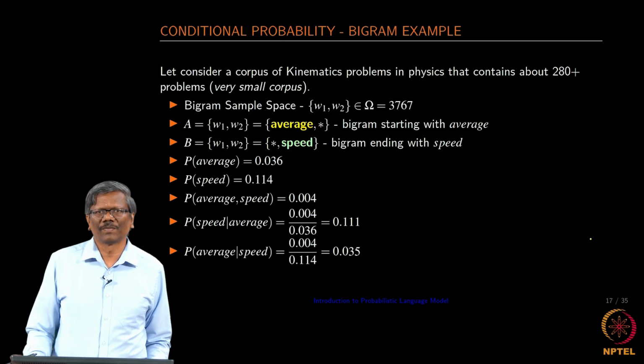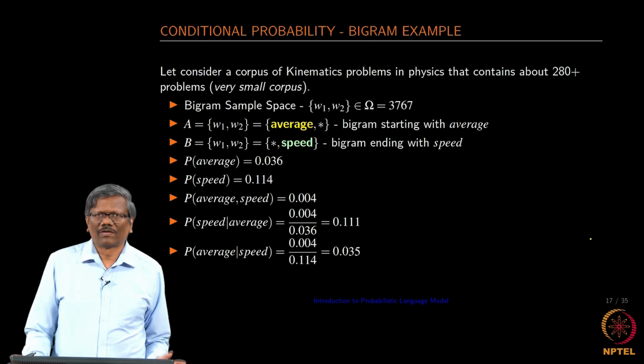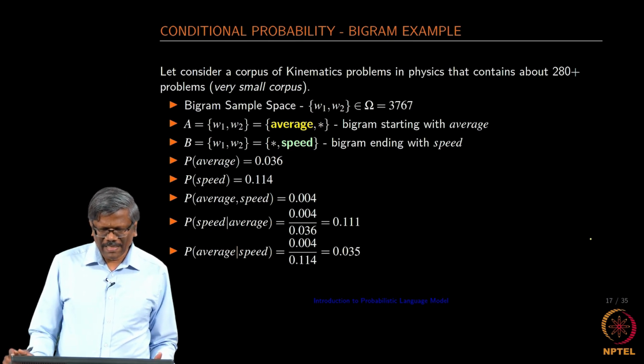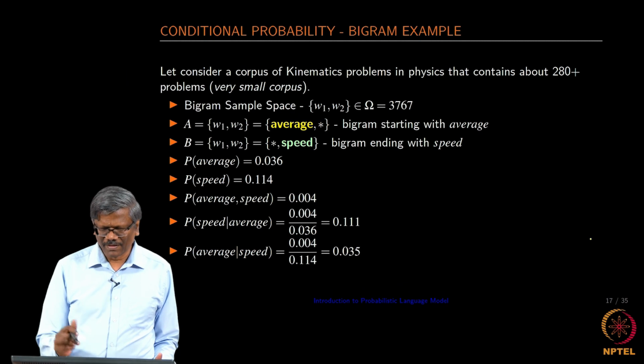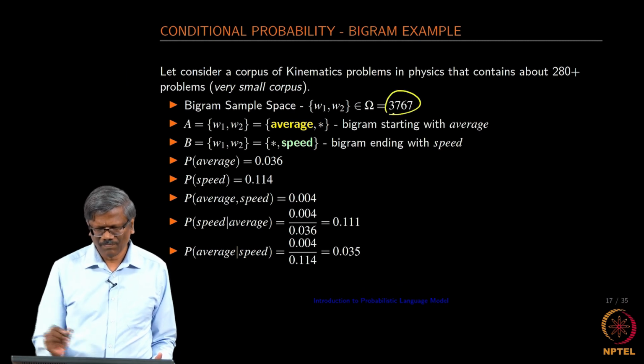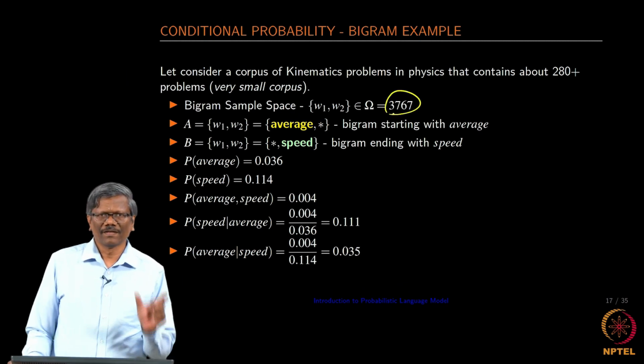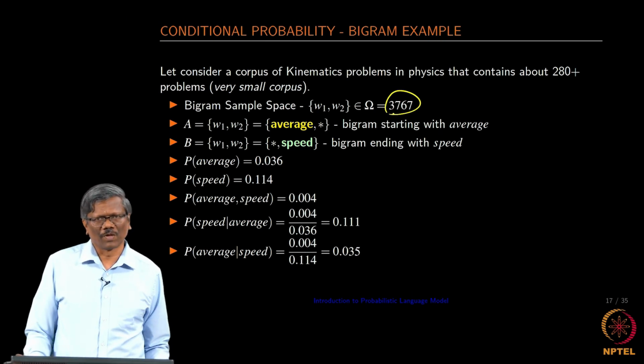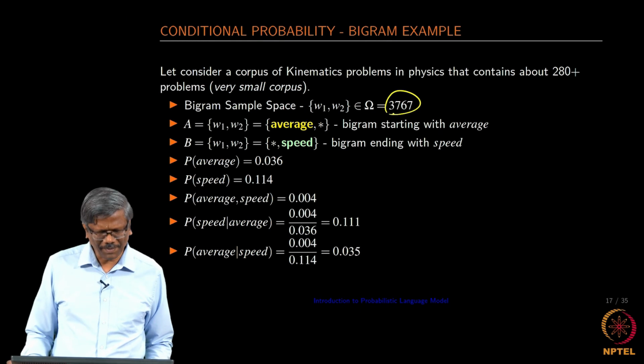I have taken a corpus where kinematics problems are available, about 280 problems. It is a very small corpus, and the bigram samples number around 3767. I took two words at a time and counted them, and that is your sample space.